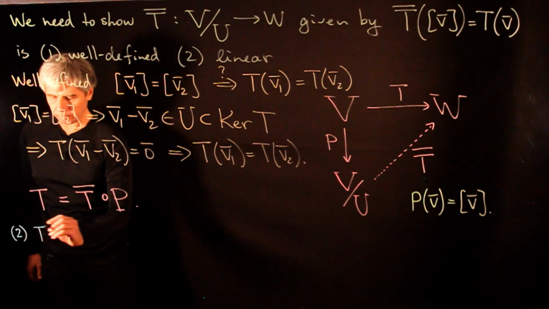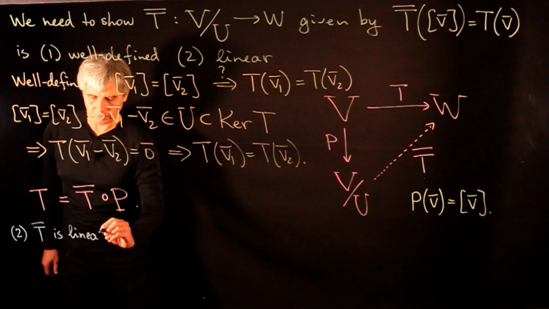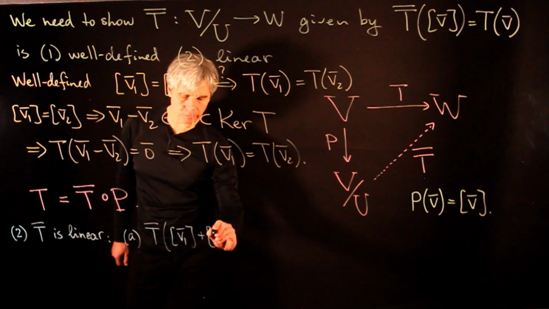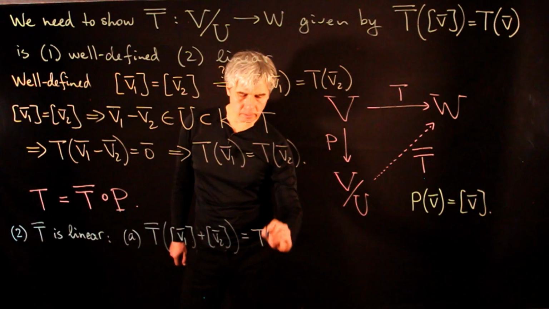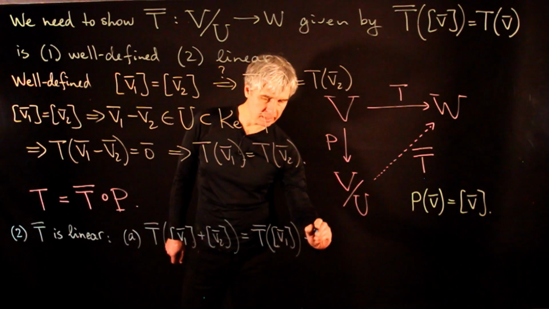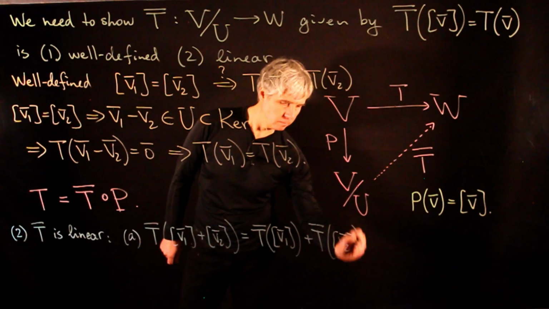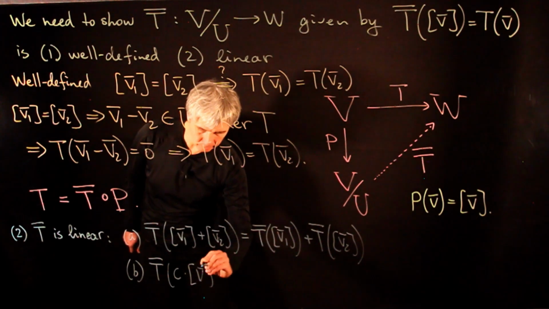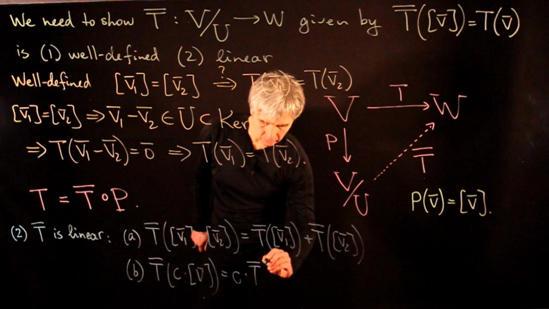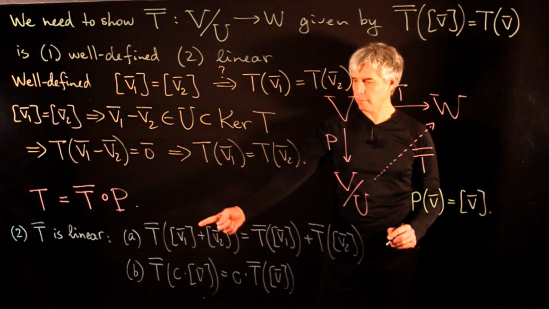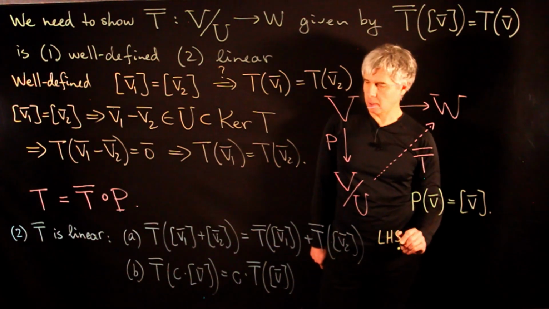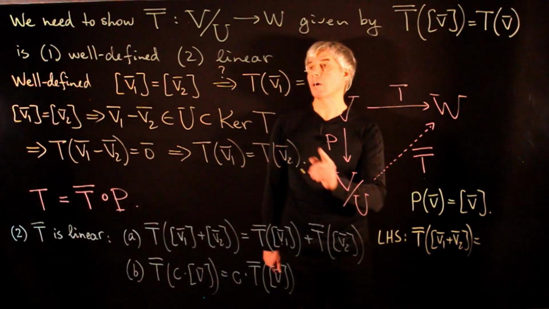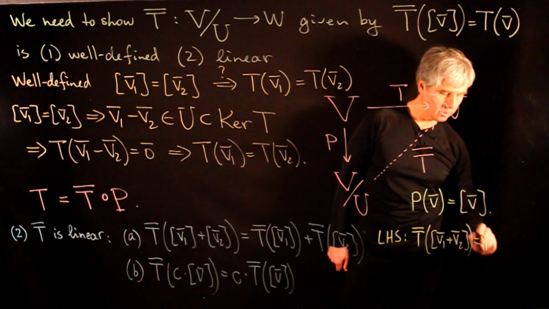And now, to show that T bar is linear, we need to show that A, T bar of the class of V1 plus the class of V2 is equal to T bar of the class of V1 plus T bar of the class of V2, and B, that T bar of a constant times the class of V is equal to the constant times T bar of the class of V. For the first property, the left-hand side is equal to T bar of the class of V1 plus V2, and by definition of T bar, right here, this is T of V1 plus V2.